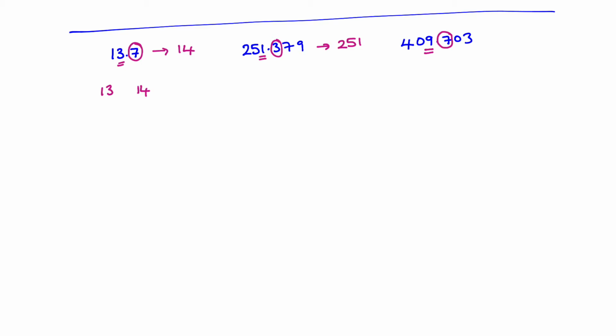So we move the 9 up 1. Remember, this 9 is part of 409, so if we're moving it up 1, we're moving it up to 410. And remember, no decimal points, no digits after the decimal point. Okay, so try another one.